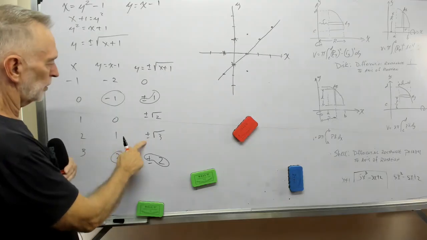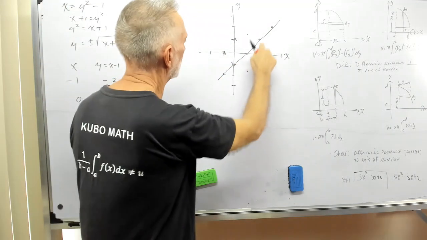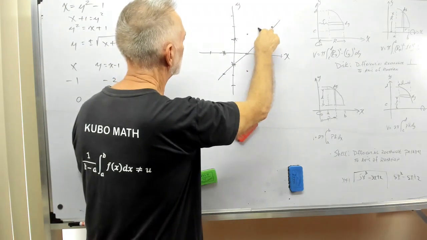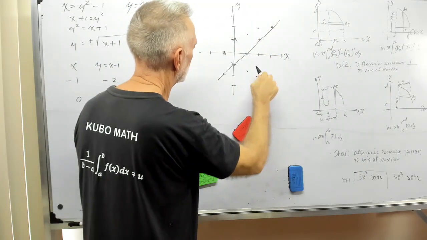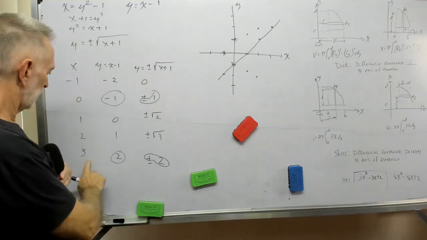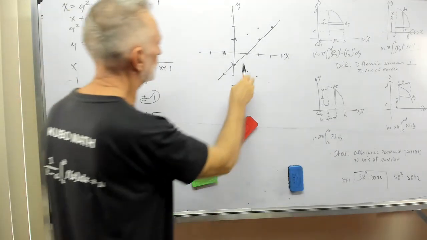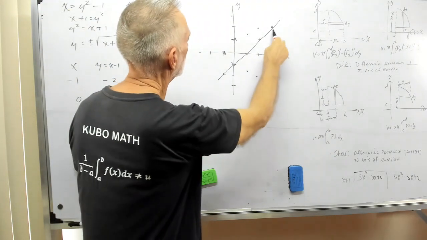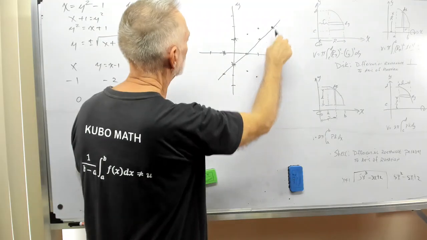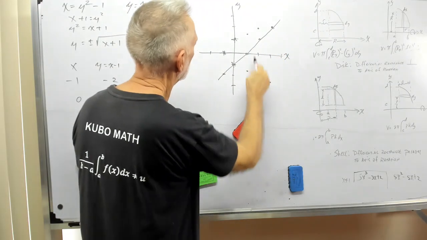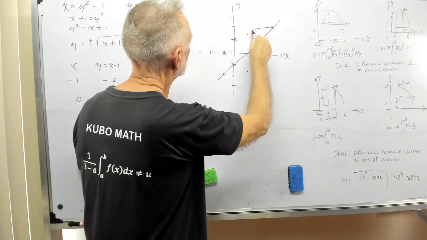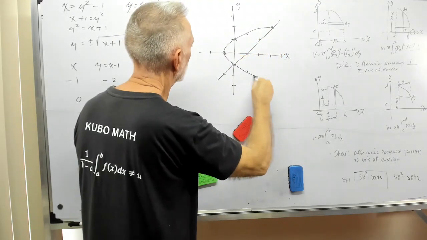And 2 plus or minus square root 3, so that's 1.7 or so. And then 3 plus or minus 2. So this curve looks like this.